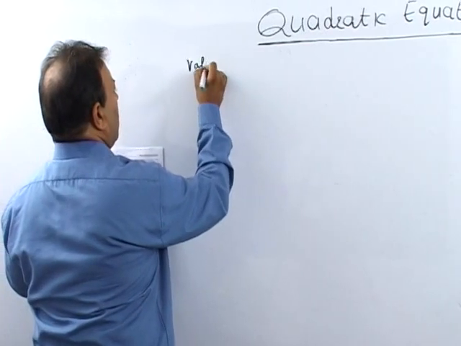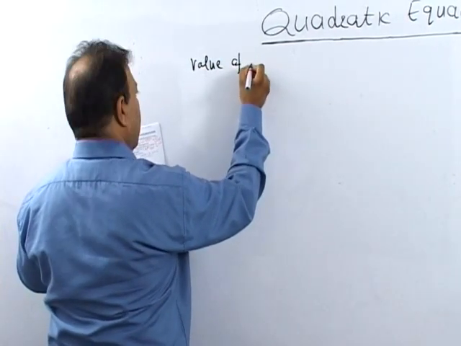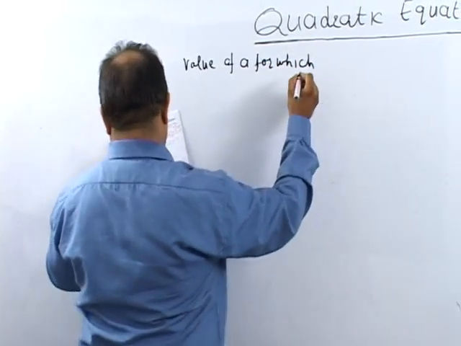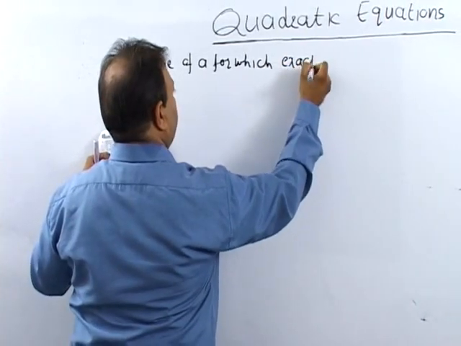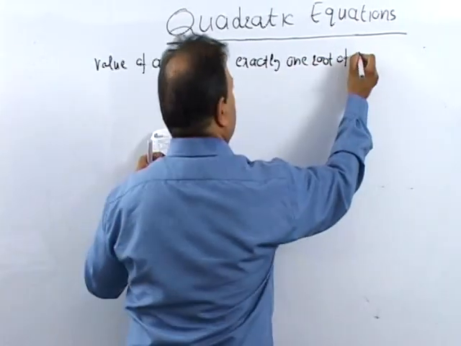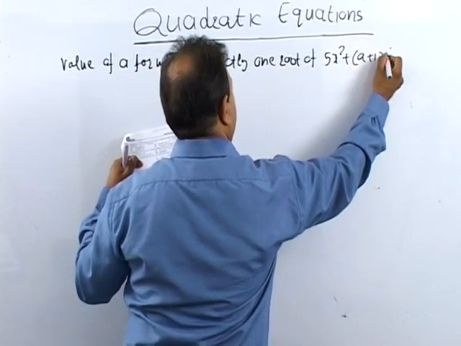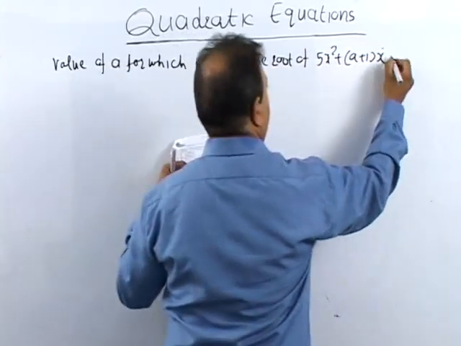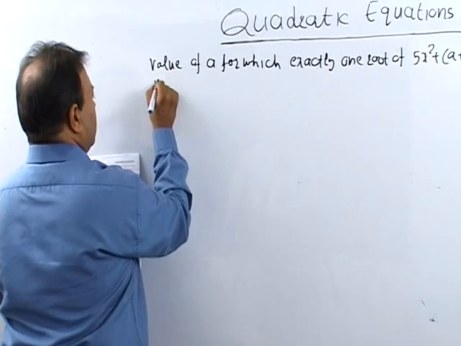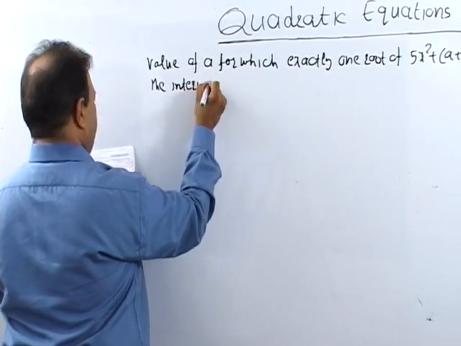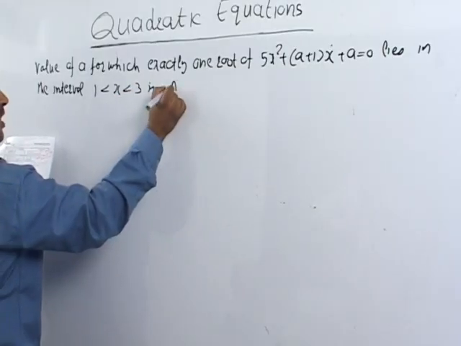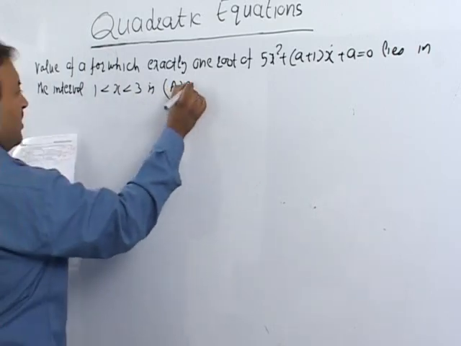Value of a for which exactly one root of 5x² + (a + 1)x + a = 0 lies in the interval 1 < x < 3. Options: A, a greater than 2.